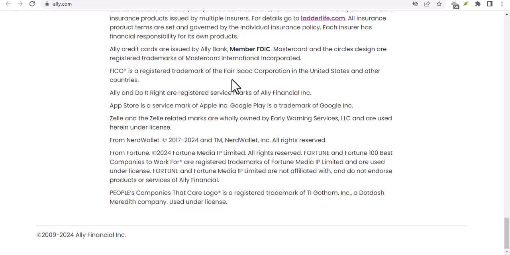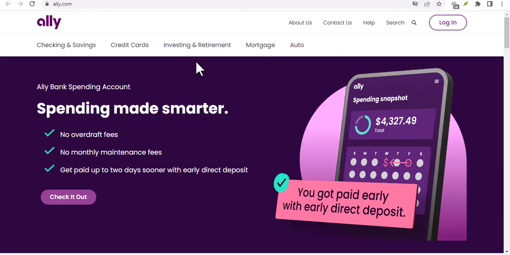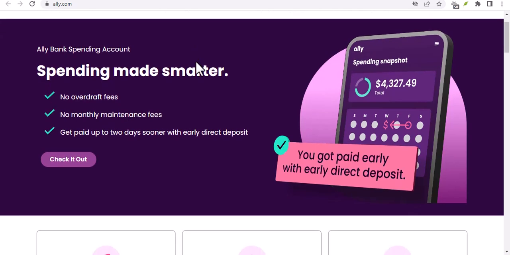This correspondent bank is typically the bank that Ally Bank partners with to facilitate international transactions. Therefore, you won't find a dedicated SWIFT code. You'll need to use the information of the partner bank. This is a common practice for many online banks that don't have a large international presence.